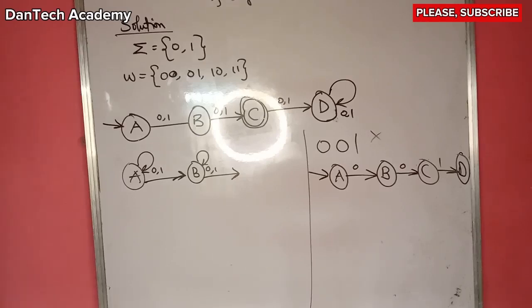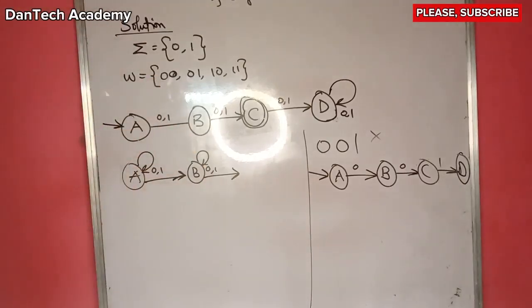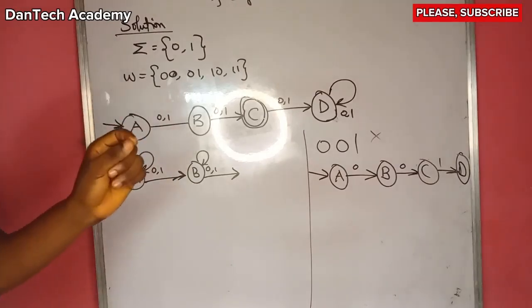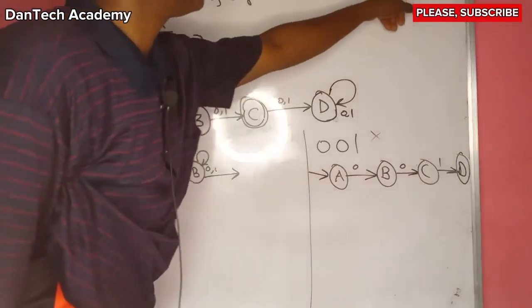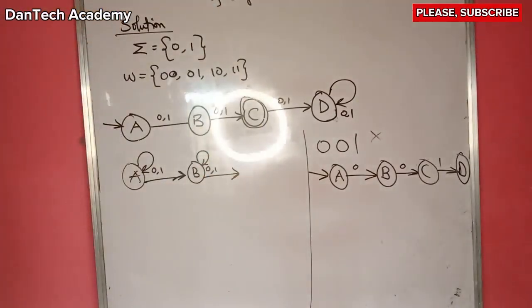Now, according to the question, it says a DFA that accepts the set of all strings over 0 and 1 of length 2. It simply means that the fact that I'm having 0 and 1 here does not mean that I am having the two entering at the same time.